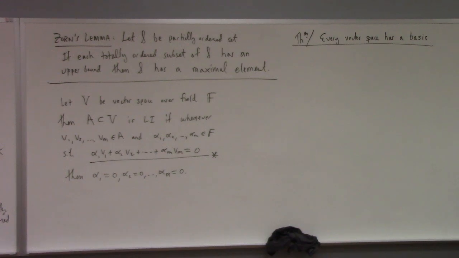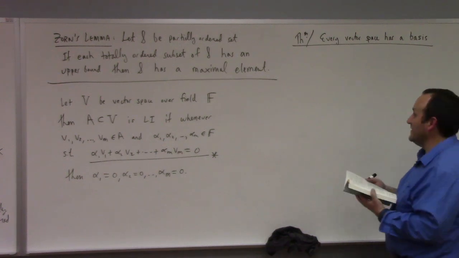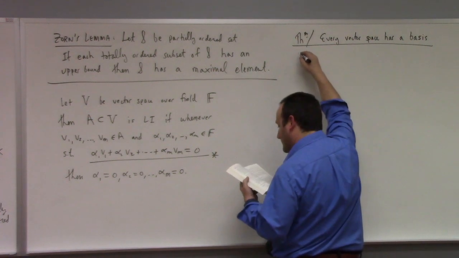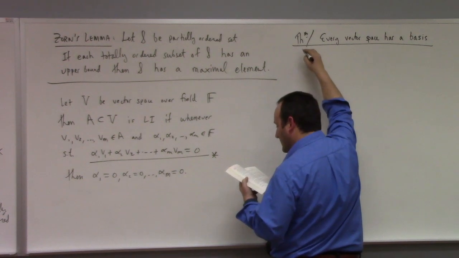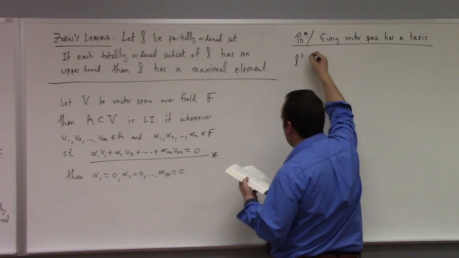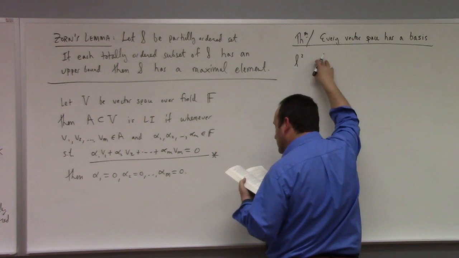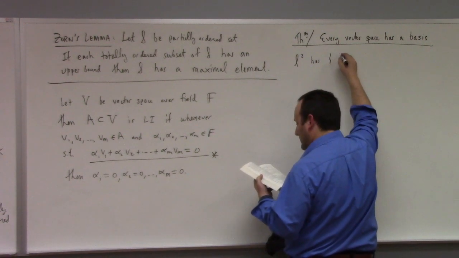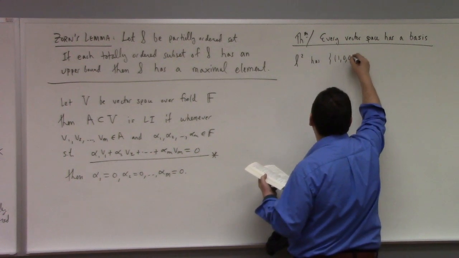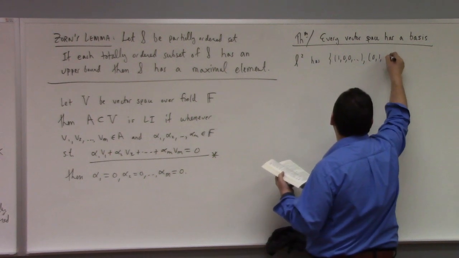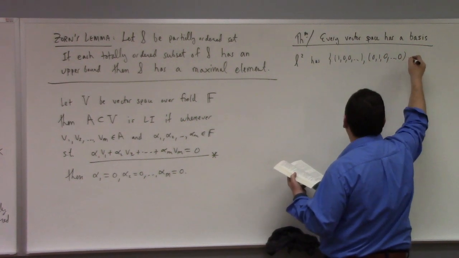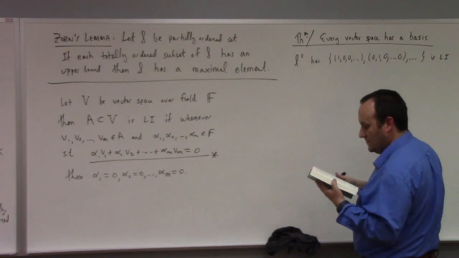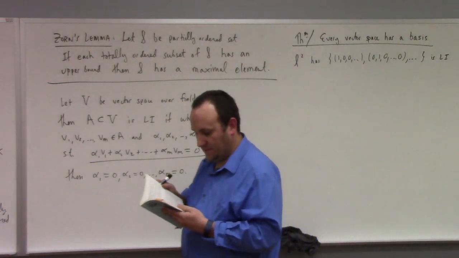Obvious in the case V is infinite dimensional. And here's his example for why it's not obvious. So why it's not quite obvious in the infinite dimensional case, he says, if you look at L2, which is square summable sequences, then if you look at one with zeros, and then 0, and so forth, this is a linearly independent set.